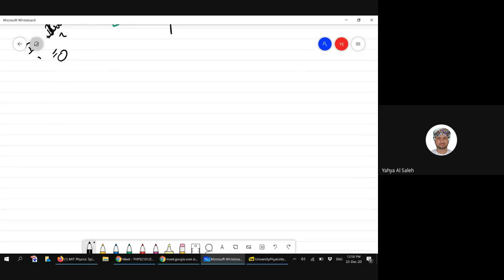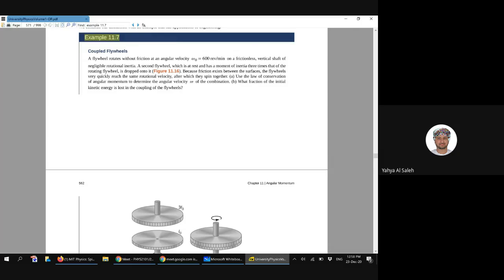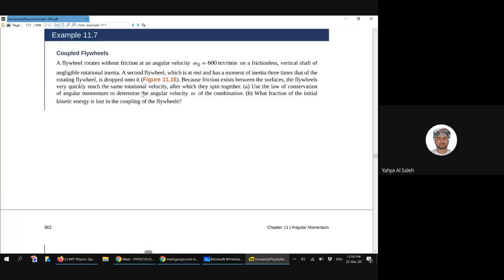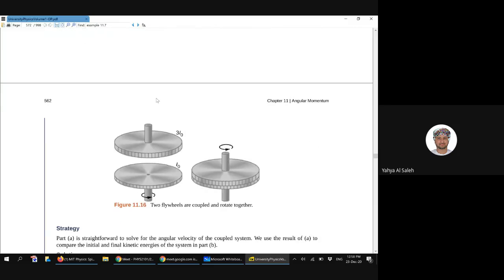Okay, so let's do this example, 11.7. Coupled flywheels. A flywheel rotates without friction at an initial angular velocity of 600 revolutions per minute on a frictionless vertical shaft of negligible rotational inertia.